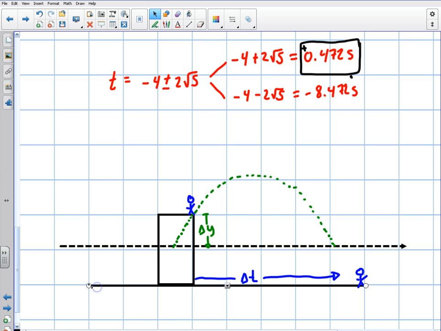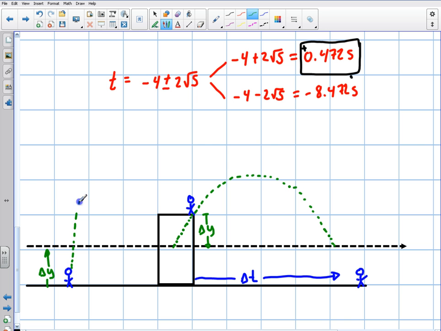Okay, so let me give you an example where you would have two positive answers. Two positive answers would be something like this. Let's say I'm launching from here, and I want to know how long it takes to reach a displacement of this. And let's say the person is now here, and you want to know how long is it going to take to reach this displacement, and let's say the person throws it at a much steeper angle.